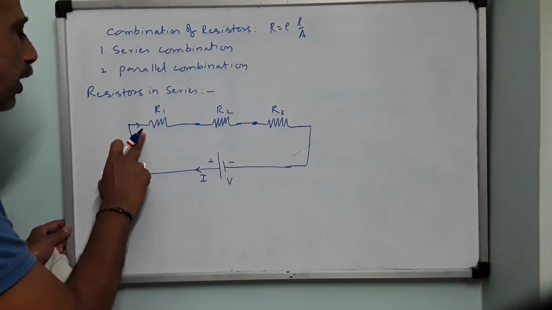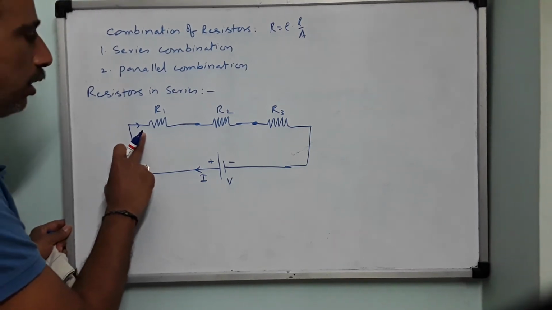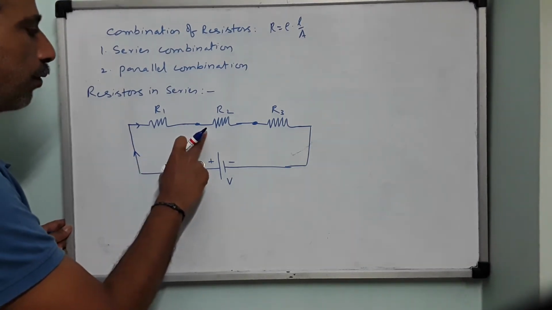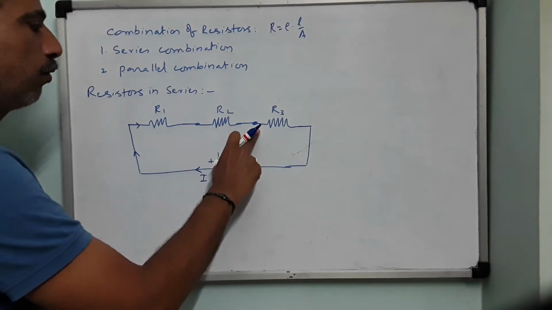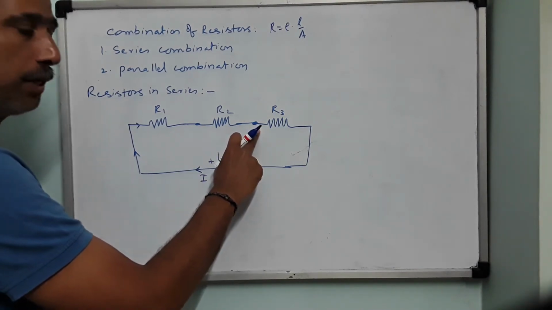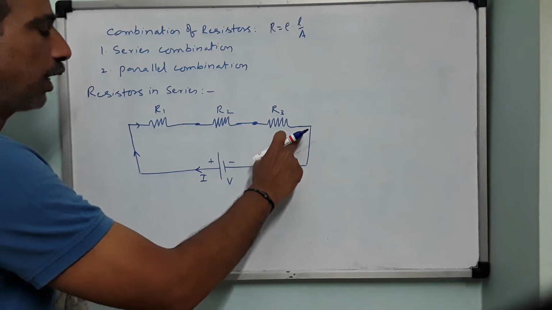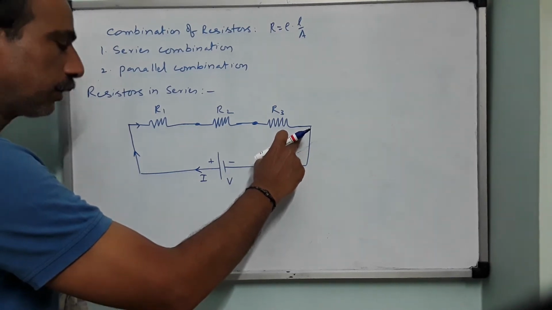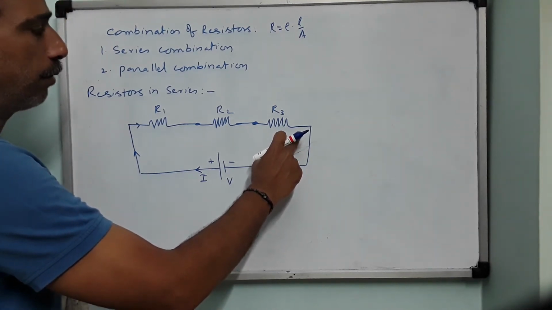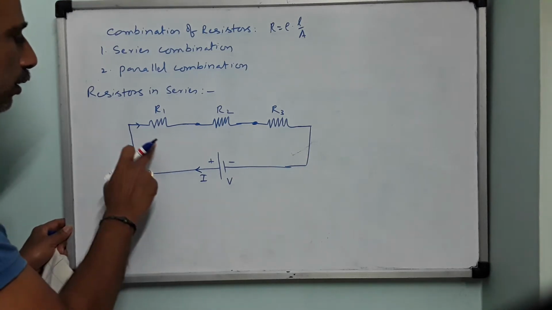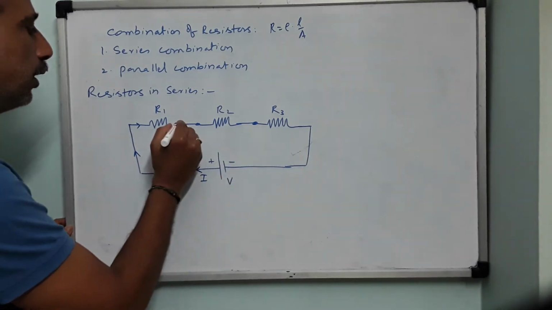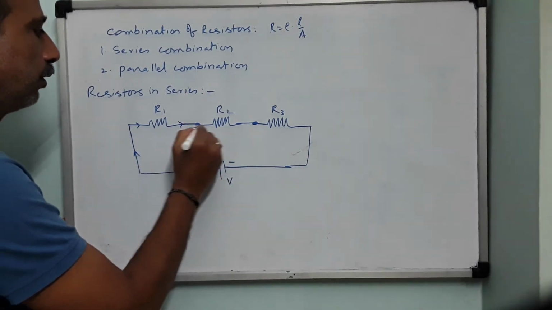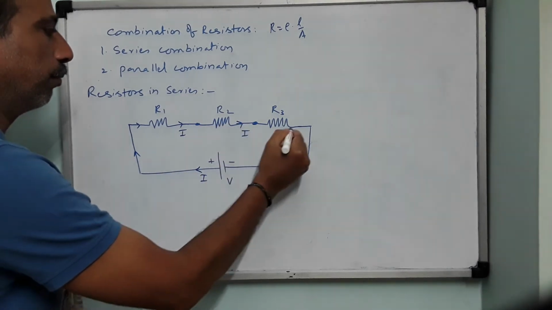Some charge of, say, 100 microcoulomb will come here and pass through R1. Again the same 100 microcoulomb will come here, pass through R2, and 100 microcoulomb again will come here. That means when resistors are in series, all of them will have the same current through them.